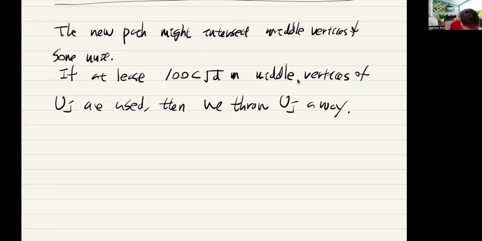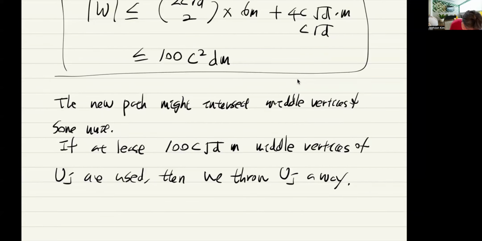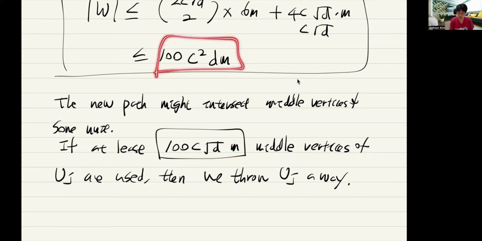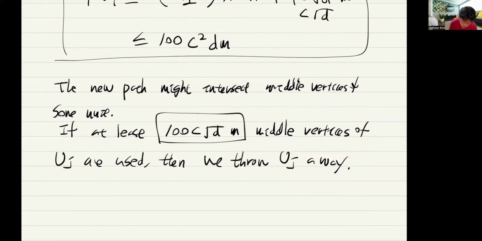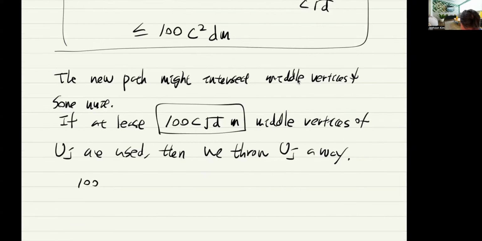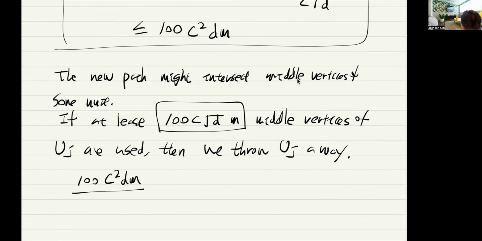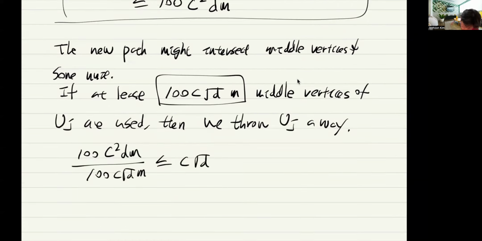But we can make sure that we don't throw away too much, because we only throw away if that many vertices in the middle vertices are used. But the middle vertices of all the units are disjoint. And then in total, there are this many vertices in the paths. So 100 c squared d m divided by 100 c squared d m is smaller than c times square root of d of the units.